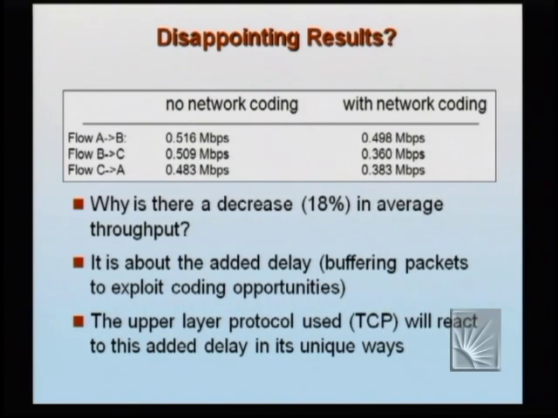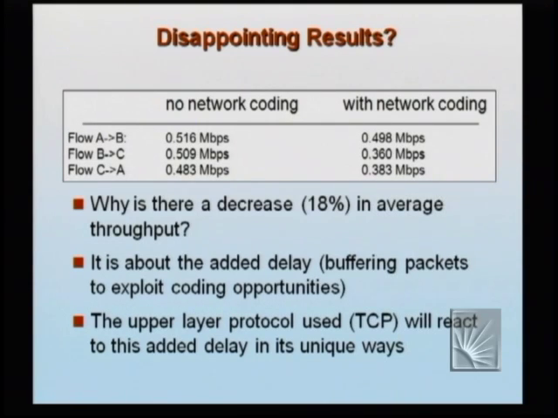So without network coding, we have 3 flows. Each of them gets half a Mbps. Well, with network coding, something went wrong. The throughput actually is reduced. There's an 18% reduction in the average throughput.